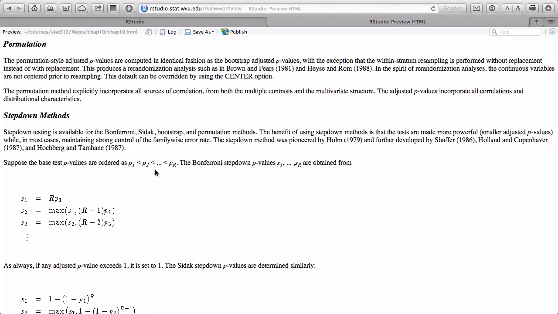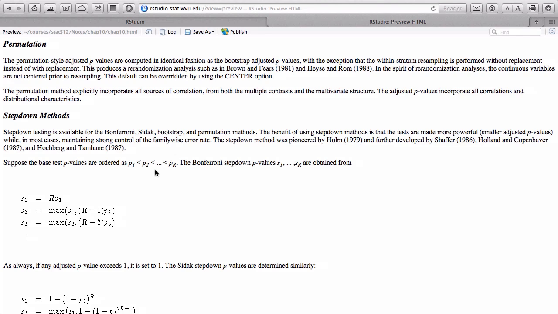What it does is it multiplies the smallest one by R, but then as it gets bigger, for the second one, it multiplies by R minus 1, for the third one, R minus 2. In our case, it would be m minus 1, m minus 2, and so forth. S1 stands for the step-down p-value. For the second one, it's either m minus 1 times the second smallest, or S1, the p-value from the first step. It's the max of those two.